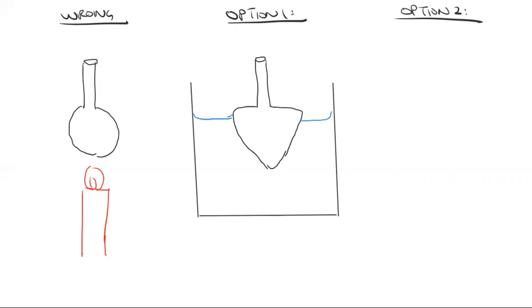And this helps because, of course, if you heat this with a Bunsen burner, this might be quite hot, but this water at best will be 100 degrees. So it's a cooler temperature, and it will also promote even heating. Rather than this getting very hot and this not so hot, this will make all of this area fairly even. So option one is a water bath.